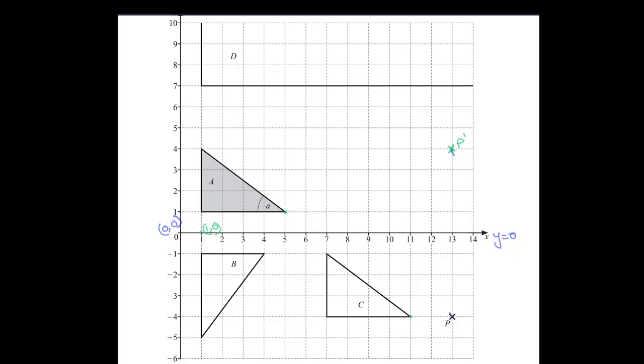First, let us write the vertex which we can see, 1 and 7. Now the other vertices of the original triangle A: 5, 1, and here 1, 1, and this is 1, 4.